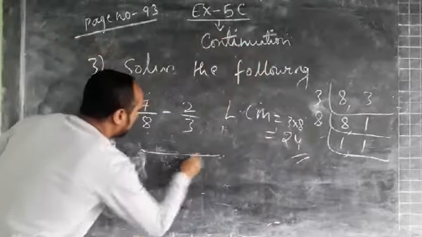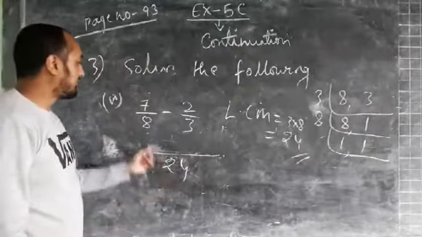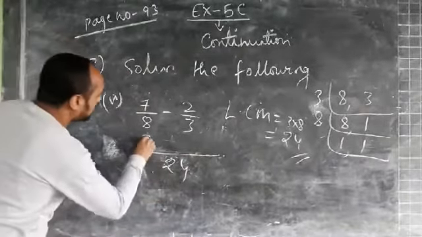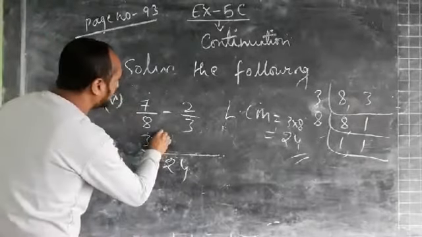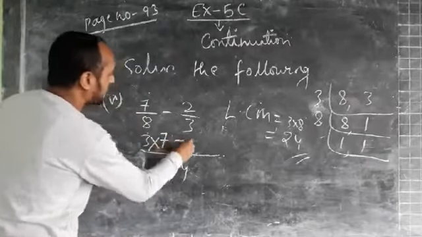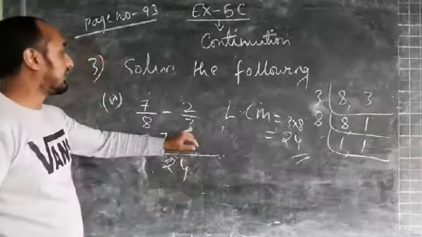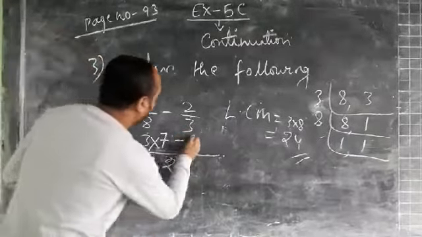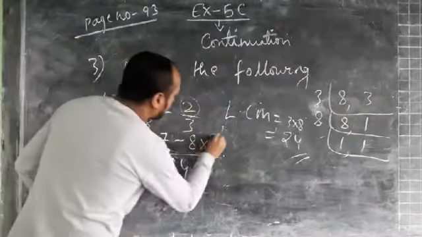Now LCM is 24. So we'll divide 24 by 8. 8 3s are 24 into whatever we have in the numerator, we have 7, minus. Here also we have to divide 24 by 3. So 3 8s are 24, 8 into whatever we have in the numerator.